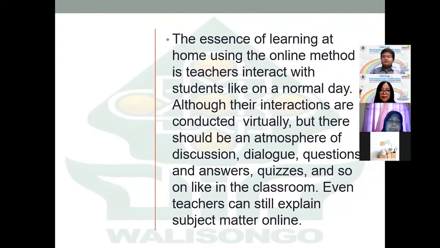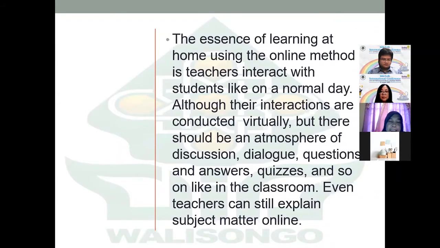Data collection techniques used interview, observation, and documentation. Interview to the English teachers and to 25 students, the 7th graders of this school.